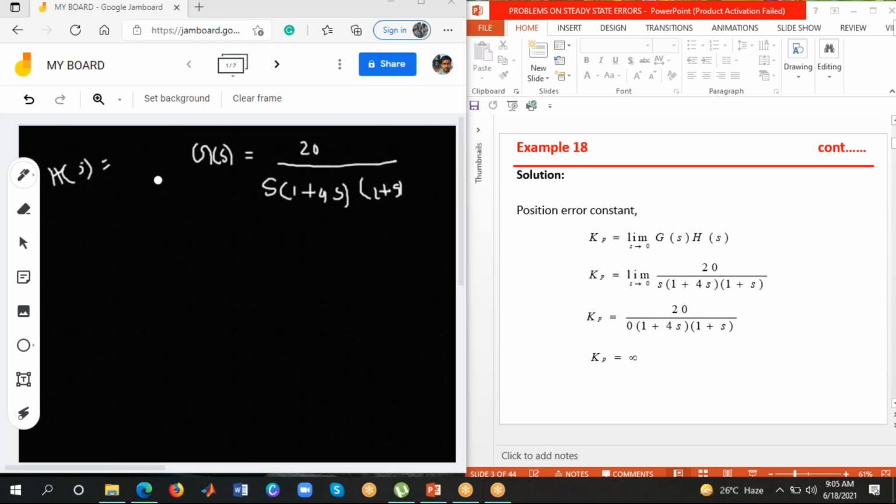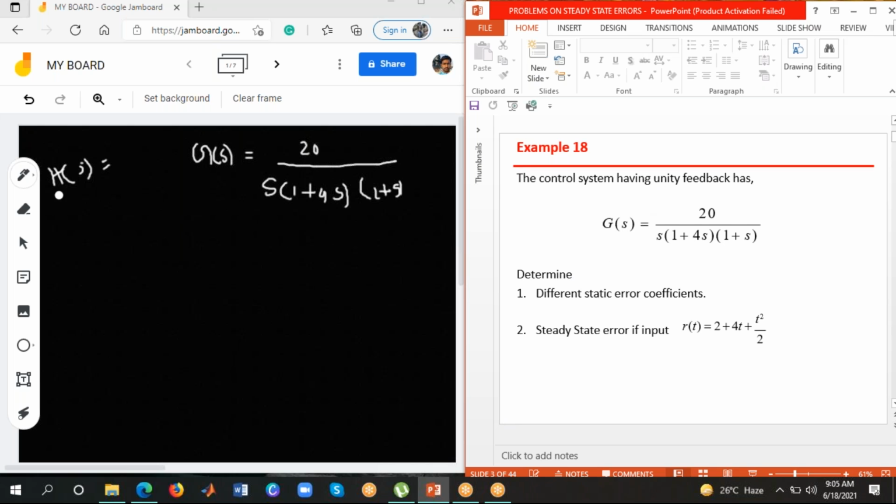So for this problem, the value of h of s is 1. Okay. So what is the question here? To find out the steady state error if input.